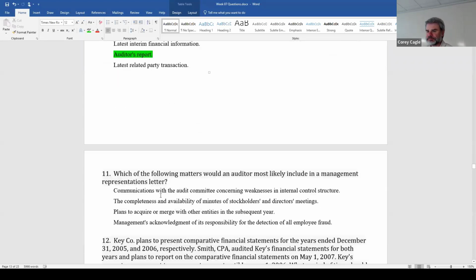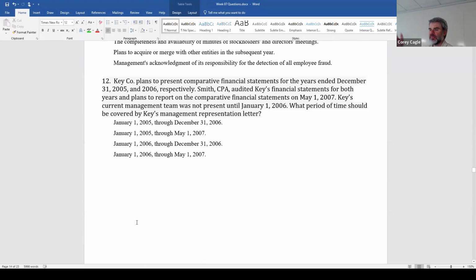One more, number 12. It's more about the audit dates, but they throw in a little hiccup into this one that you have to kind of consider. So Key Company plans to present comparative financial statements for the years ended December 31st of 05 and 06. Tell how old this question is.